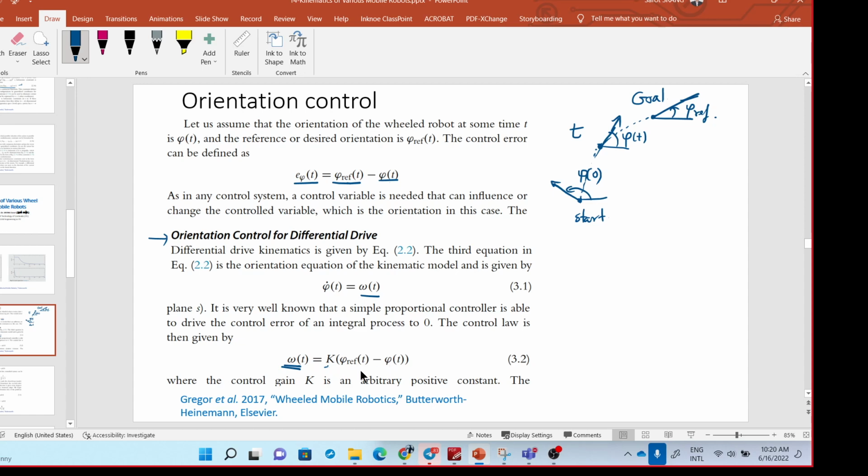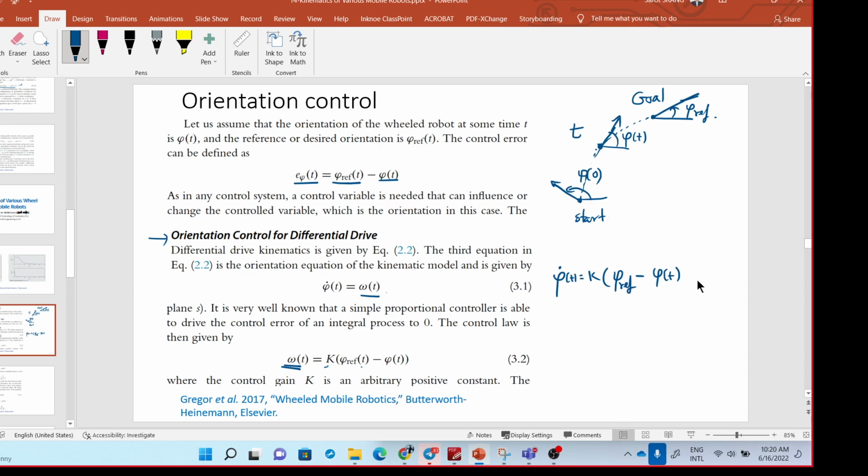Then if we substitute omega into equation 3.1, we have an equation of phi dot only. So phi dot equals k times phi ref minus phi of t, where phi dot here is also phi dot of t.